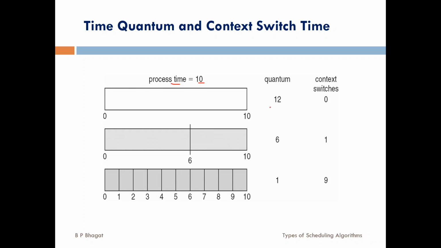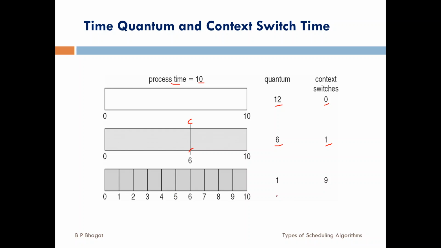If the quantum is 12 milliseconds, then the context switch count is 0. If the quantum is 6 milliseconds, then the context switch happens once. It will execute continuously for 6 milliseconds, then the context switch occurs, and then it will execute the rest of the 4 milliseconds. So one context switch is there.